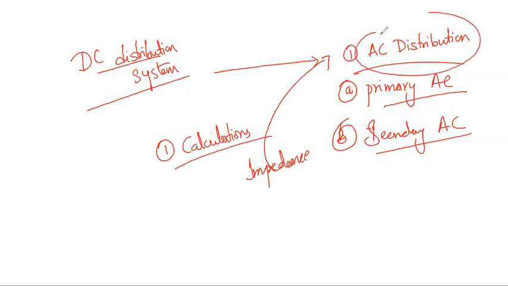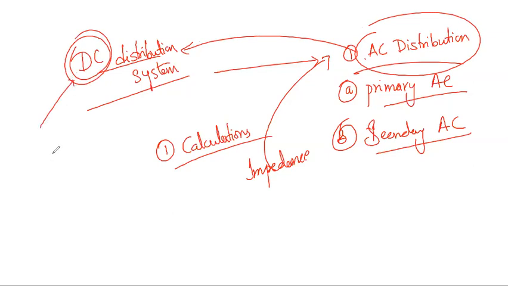Before going to AC distribution, you need to understand what DC distribution is all about. After solving the related simple problems in the DC distribution system, we can jump into AC distribution, and there we will highlight more the method of analyzing an AC distribution system.